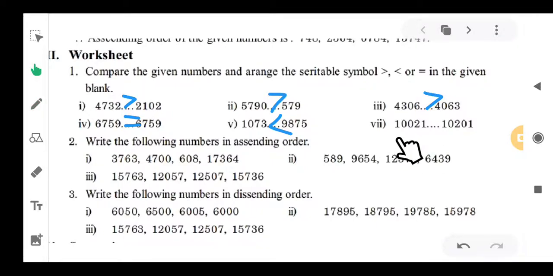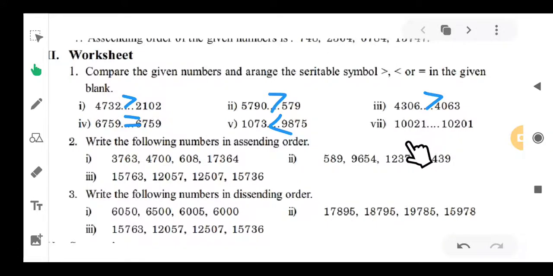Okay, next one. This is 10,021. This is 10,201. In this there are 5 digits, in this also there are 5 digits. So simply you have to compare from the left side. That is the 10,000 place. Here this is 1 and this is also 1.